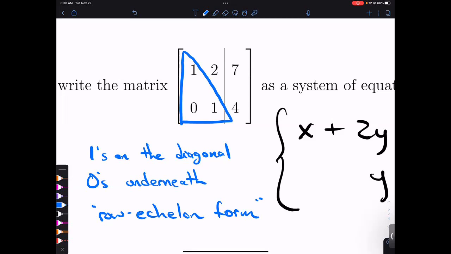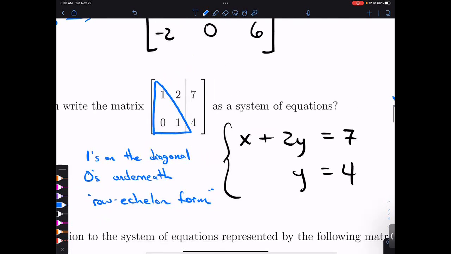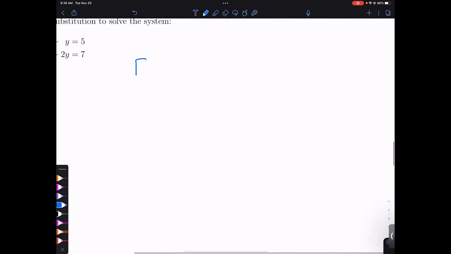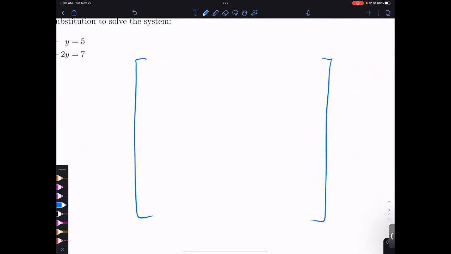Like the heavy lifting has been done for solving the system, right? Because that means that whatever that last row is, that's telling me the value of that last thing. Well, if I know that, then I can start working my way back up to find the rest of it. So this works for a 2x2, but it also works for as big a matrix as you want, right? So you can have a matrix that's gigantic, 100 entries, whatever.